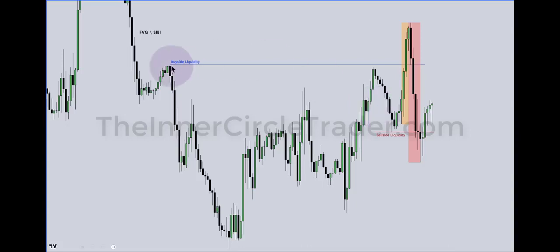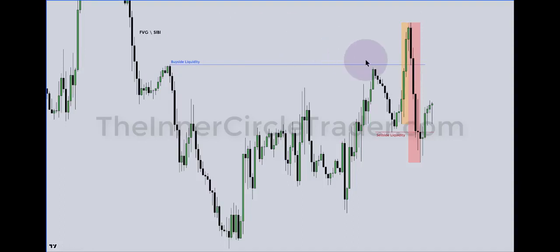So we see the relative equal highs here with this high and this high here, and the market rallies up here. So all of this is the buy-side delivery and then subsequent sell-side delivery, attacking the sell-side that was created after the run higher. And this run higher attacks the relative equal highs here where liquidity is.